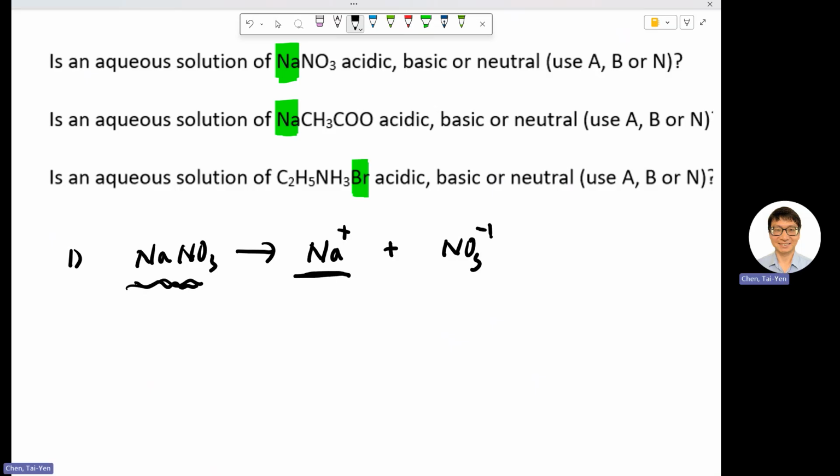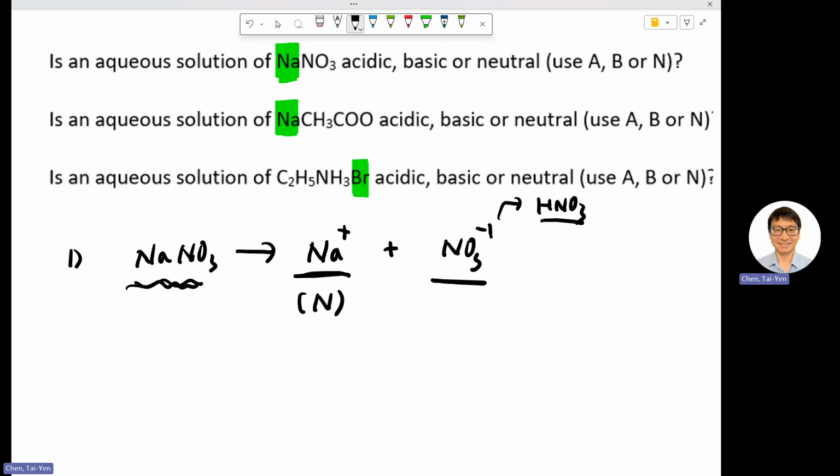Na plus is part of your strong base. Therefore, it is neutral. NO3 minus is part of your HNO3.